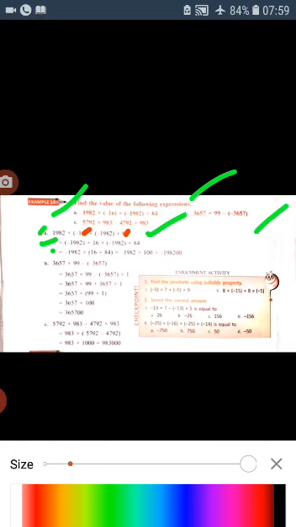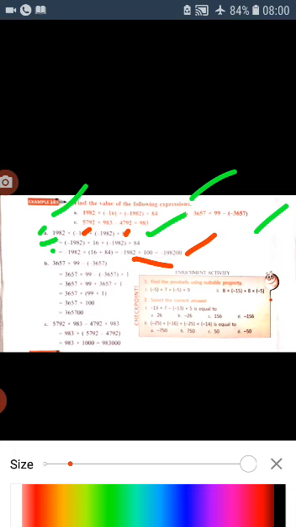Now write it: 16 plus 84 is 100. So minus 1982 into 100. 1 into anything is anything, so we can write the value 1982, and the double zero is also added. So the value is 1,98,200.